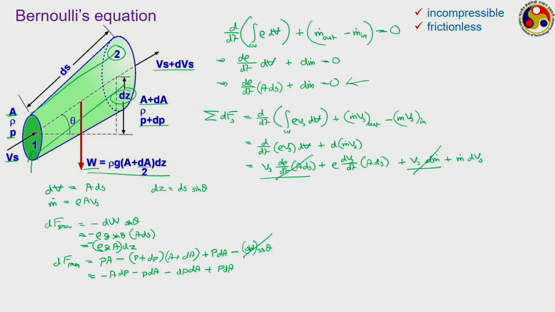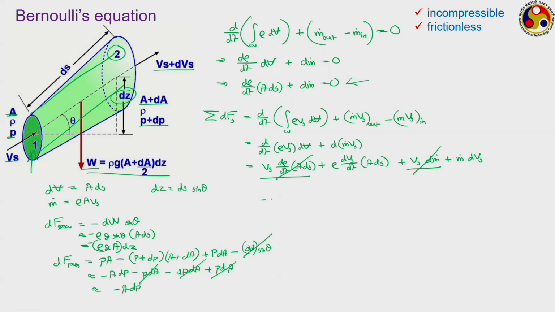So from there, P dA cancels out, and dP dA can also be taken to be negligibly small, leaving only minus A dP.